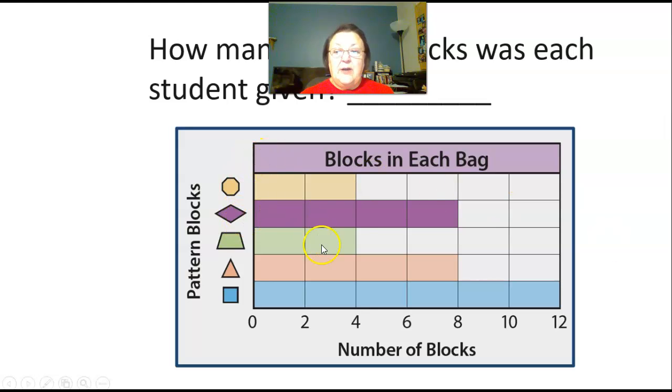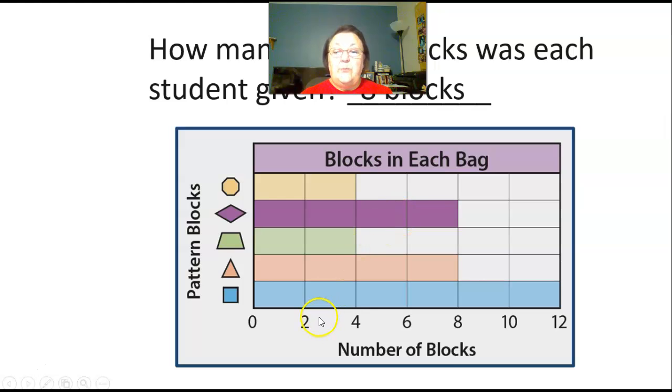So if I look here at my purple block, each block is worth 2. So again, I'm counting by 2s. So each purple block then, I would count 2, 4, 6, 8. And it looks like the answer would be 8 blocks. So each student was given 8 blocks.